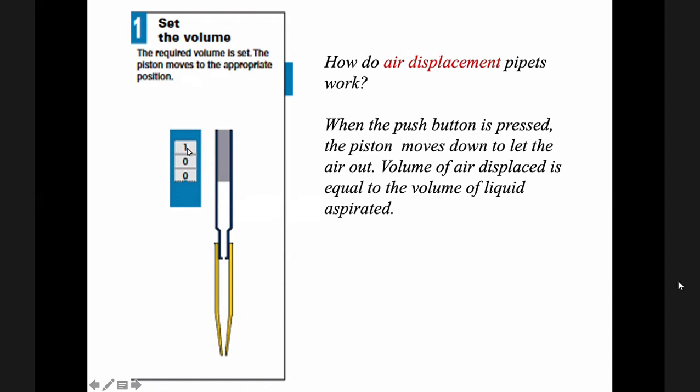Be reminded that there are also fixed volume automatic pipettes, but here we are discussing pipettes which are adjustable. When the push button is pressed, the piston moves down to let the air out. The volume of the air displaced is equal to the volume of the liquid aspirated.